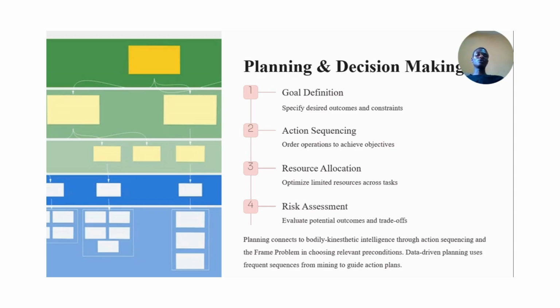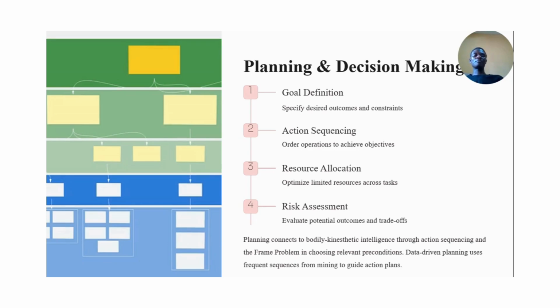Well, this can now bring us towards the end of our discussion, that's planning and decision making, where we look at goal definition. Once a goal is defined, we look at how actions can be sequenced to arrive at the goal. Once those actions are observed well, we should be able to allocate resources accordingly and then evaluate risks within that system.